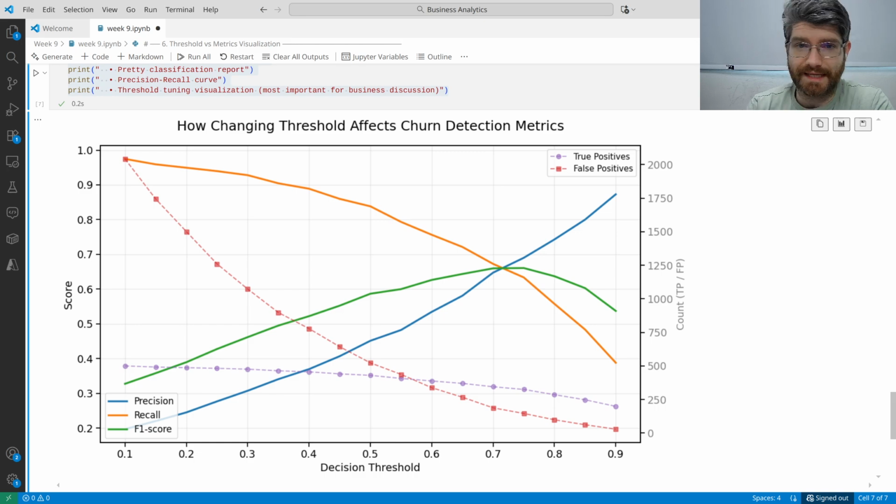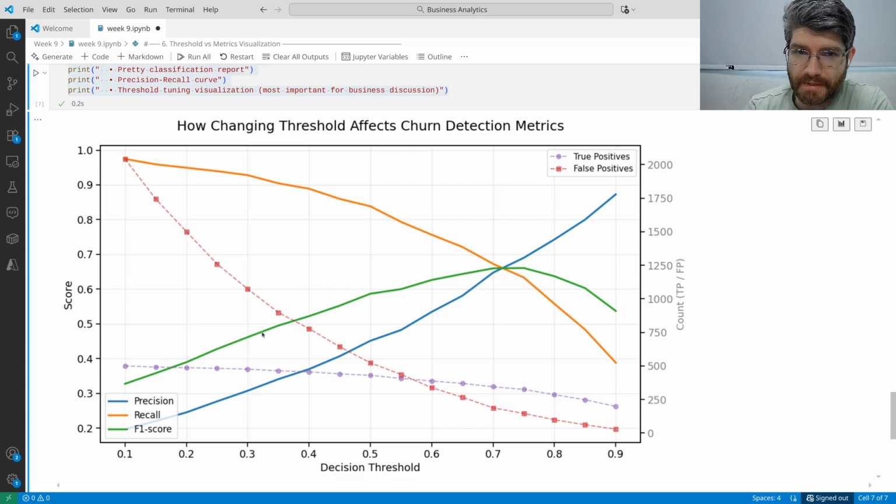The default model splits yes and no at a probability of 0.5. But look at the threshold versus metrics chart that we have generated. If we lower the threshold to 0.3, we catch almost everyone, right? Recall is very, very high. But we spam more loyal customers because precision is going down.